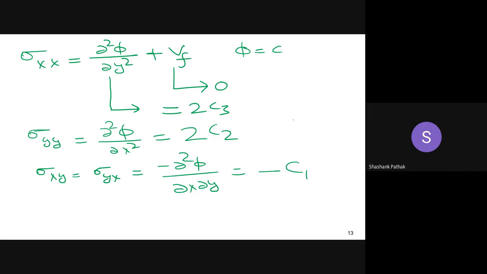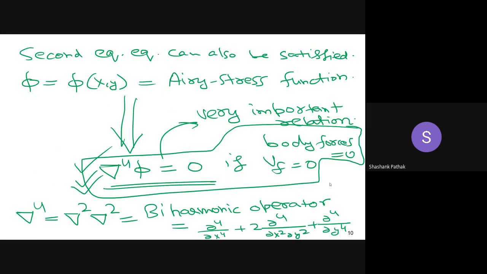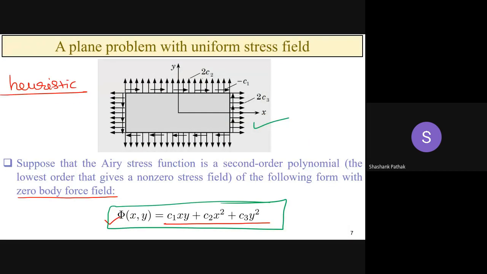So basically what it is showing, if you see, sigma xx is 2C3, sigma yy is 2C2, sigma xy is minus C1. Okay, note this down and you'll see here. This is your minus C1, the sigma xy. 2C2 is this one and 2C3 is this one, if you see very clearly. So these uniform stresses on this plate are basically coming from this kind of Airy stress function.